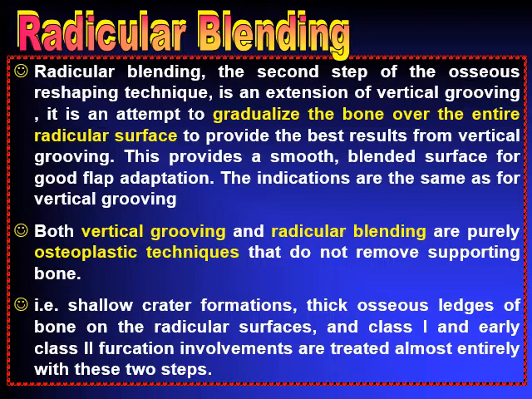This second step means extension of vertical grooving in an attempt to gradualize the bone over the entire radicular surface to provide the best results from the vertical grooving. This provides a smooth blended surface for good flap adaptation, and its indications are the same as in vertical grooving.